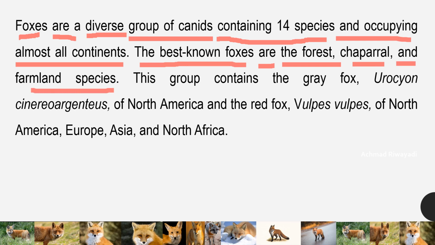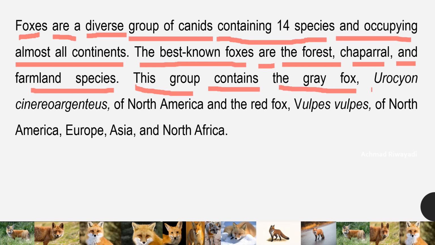This group contains the gray fox, Urocyon cinereoargenteus of North America. Kelompok ini berisi atau terdiri dari rubah yang berwarna abu-abu.